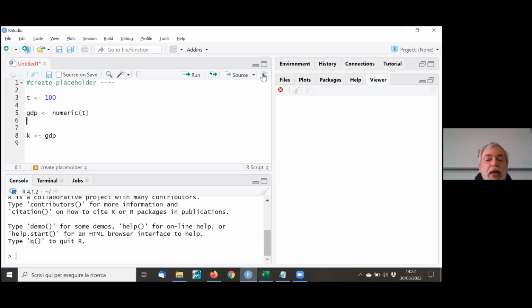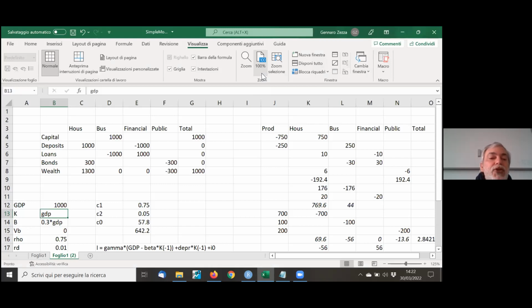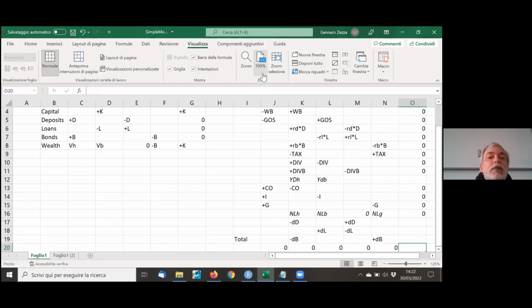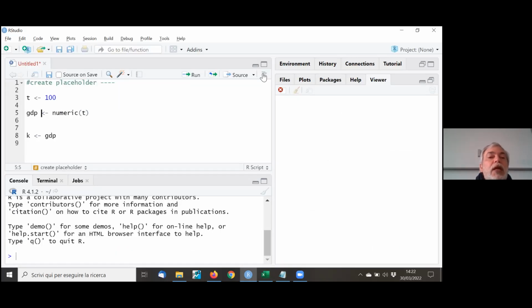So, okay, let's start from the balance sheet. And they will all be numeric, obviously. Right. So VH, then we had VB.